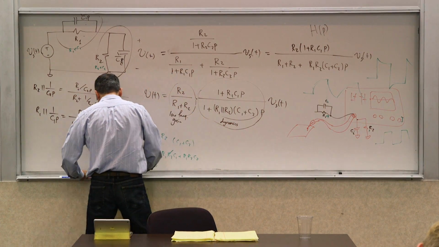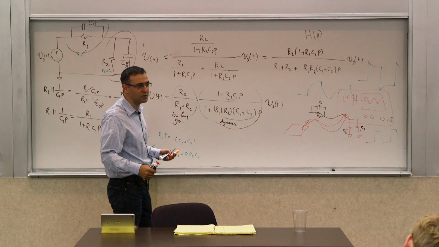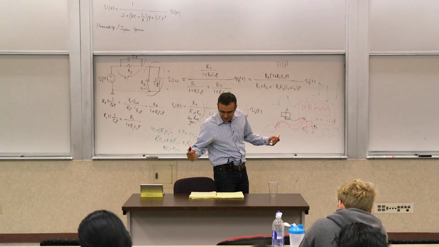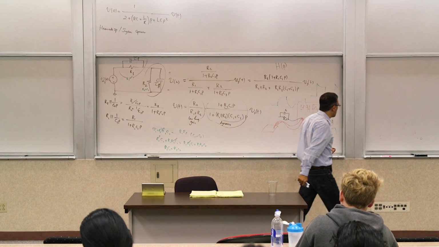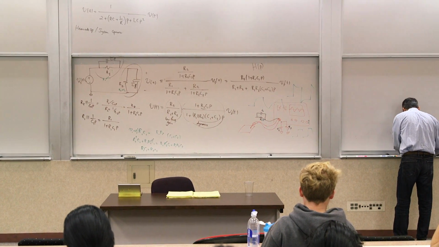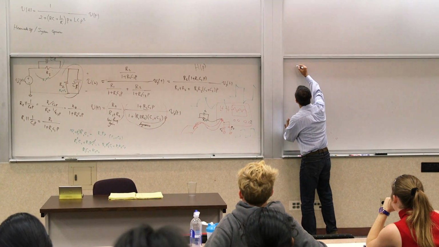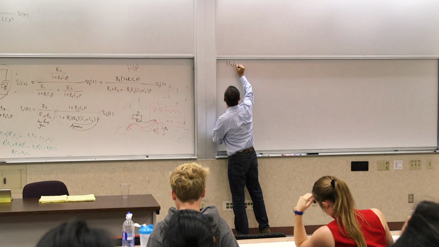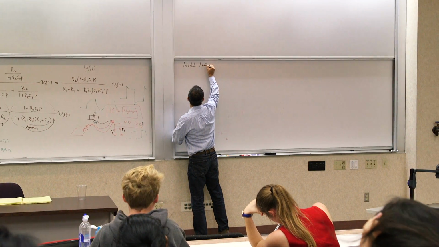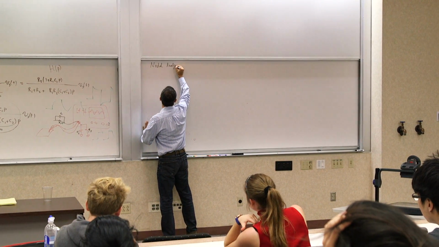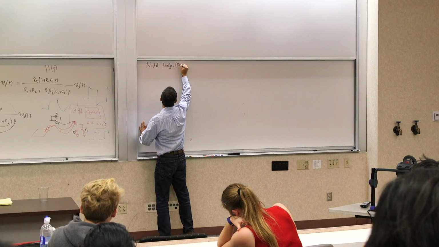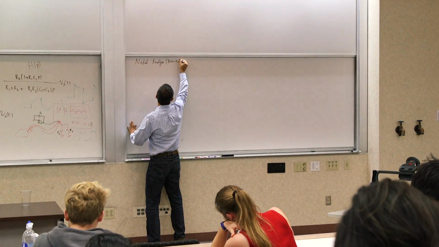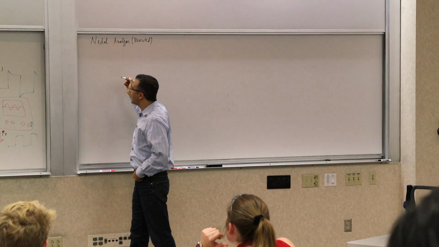Now, so I said, okay, fine. And some of you actually already have speculated about this before. But if you have something like this, you can also apply the nodal analysis to it. Revisit nodal analysis. So now let's say you have a circuit.